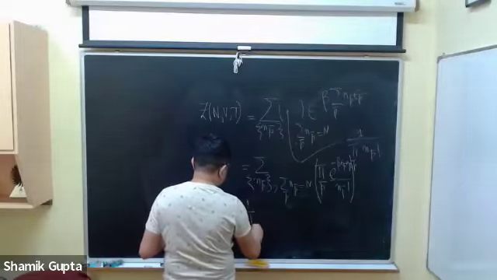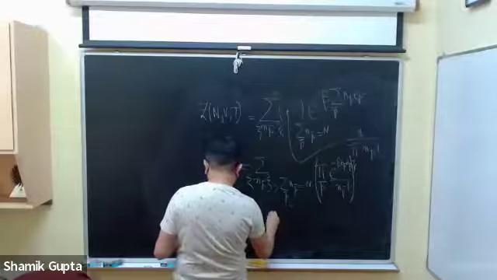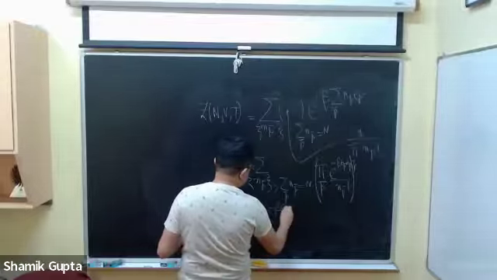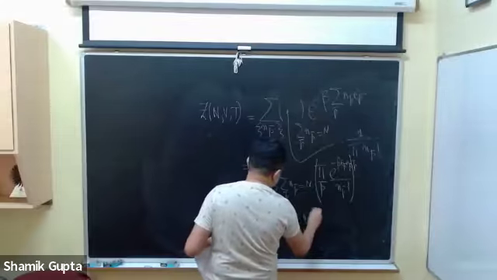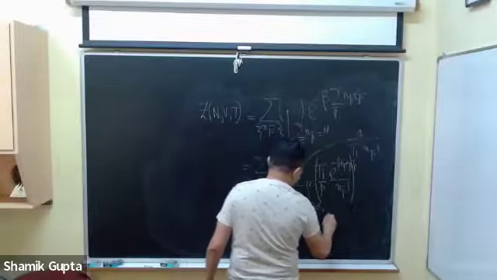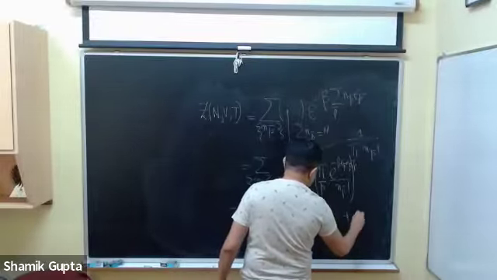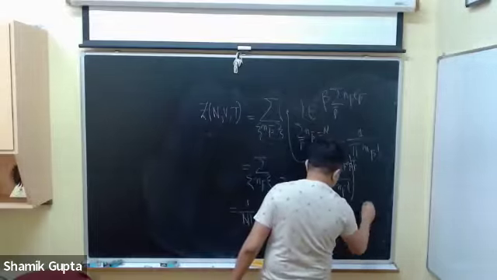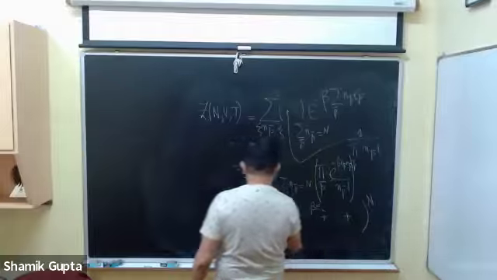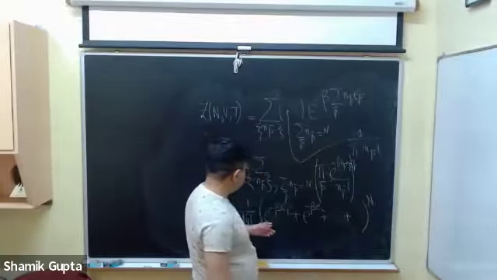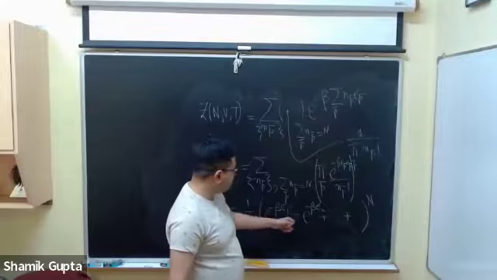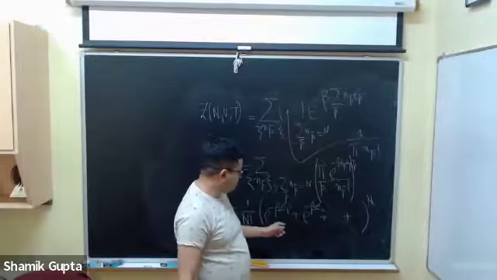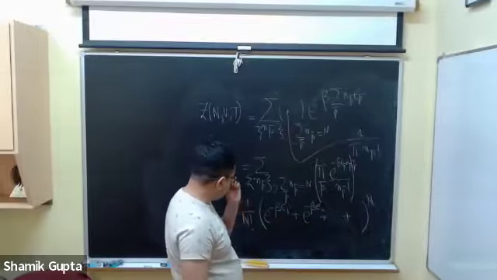if I take this quantity, e to the minus beta epsilon_1 plus e to the minus beta epsilon_2 plus e to the power dot dot dot, whole to the power N. And if I ask what is a general term of this binomial series, what does it look like?